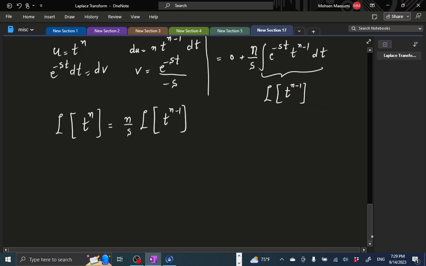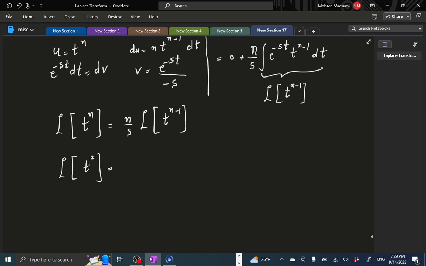How do we use that? Well, suppose I want to figure out the Laplace transform of t squared. n is 2, so this is 2 over s times the Laplace transform of t. And the Laplace transform of t, we just found out, is 1 over s squared. So this becomes 2 over s cubed. Let's do a few more. The Laplace transform of t cubed.